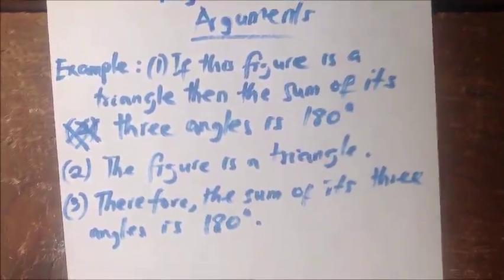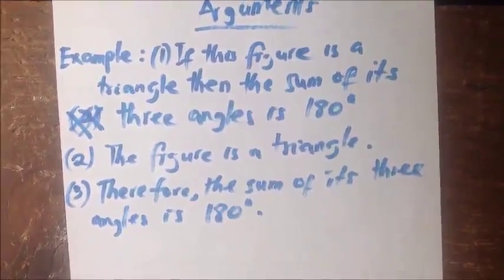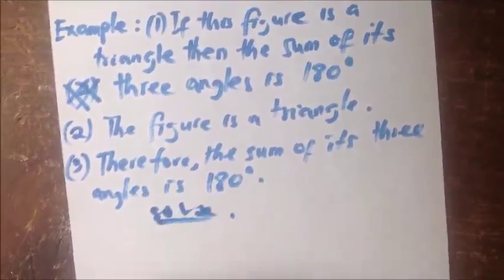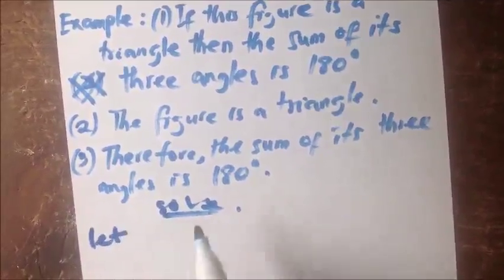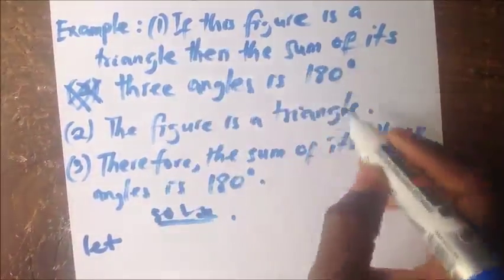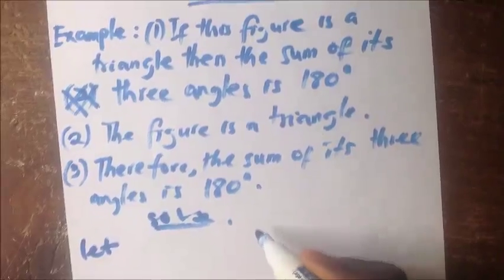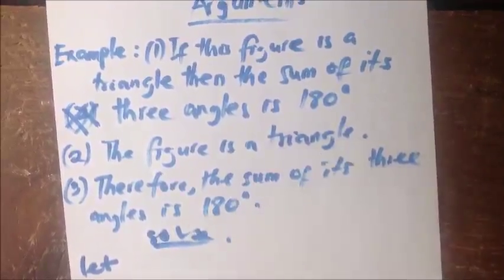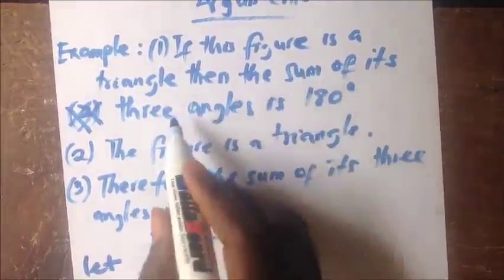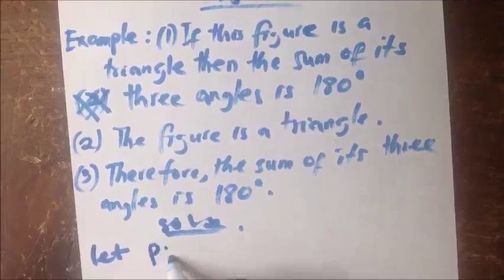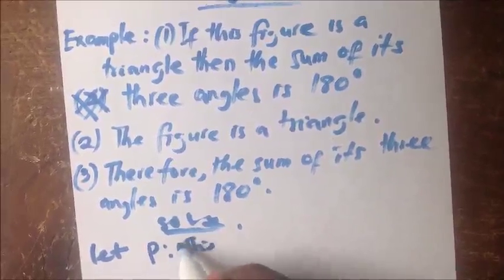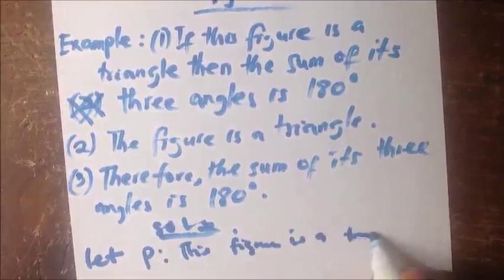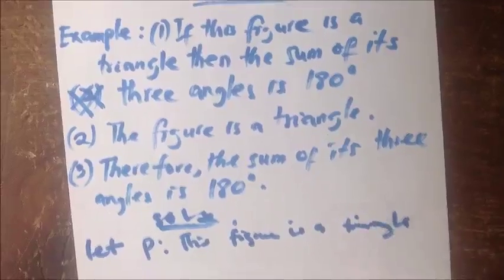So now to represent this in the form of symbols, we can say, okay, now the solution. "If" and "then" are connectives, right? So we are going to use our previous knowledge to apply it here. We say this figure is a triangle, meaning let P represent "this figure is a triangle."